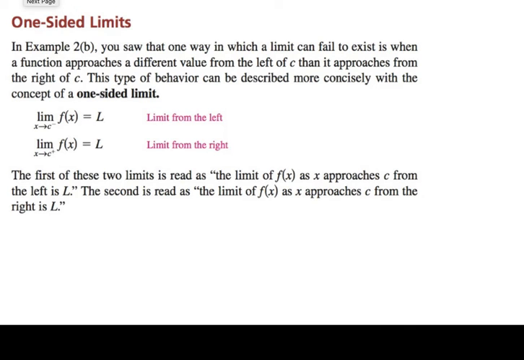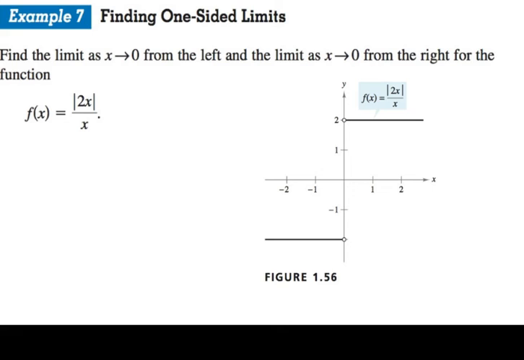Now, we've talked about one-sided limits. In one-sided limits, we have from the left, and then we also have from the right. And we've talked about this when we were talking about this in particular.